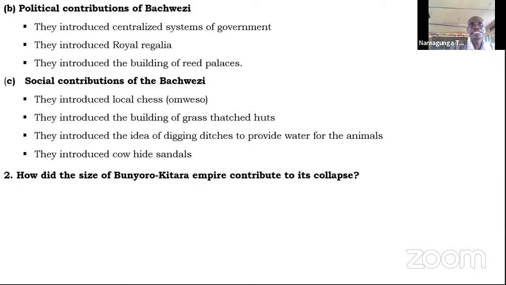Tuke, are you with us? Yes, teacher. The empire was too big. Very good, Tuke. The empire was too large to be ruled by one king. Thank you very much. So we move to the next activity. That is on lesson 5.